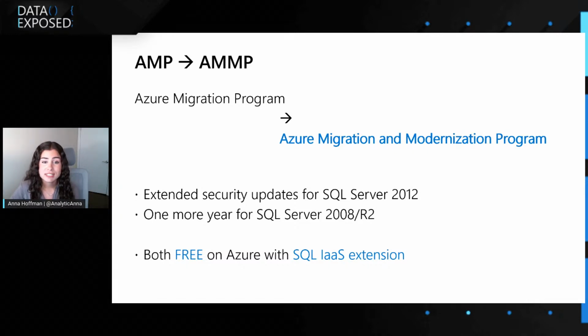We recently did some episodes on Data Exposed about this if you want to learn more. I'm also going to point to a few different blogs because this has been a hot topic with the announcement of the end of support for SQL Server 2012 coming in July 2022. I have that exact date later for you all.